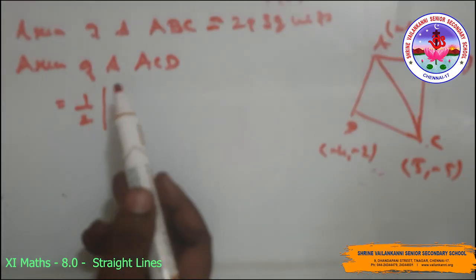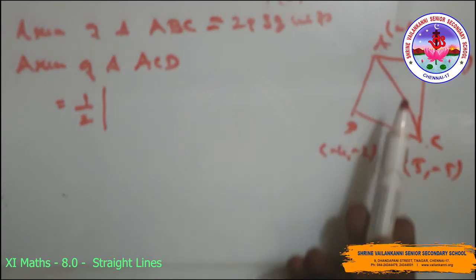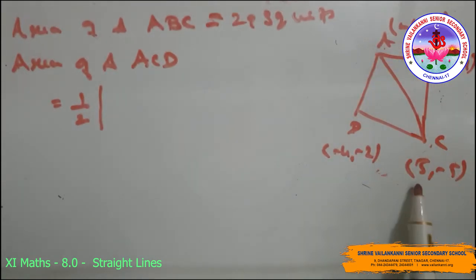Now we are going to find the area of triangle ACD. A is (-4, 5), which is (x1, y1). C is (5, -5), (x2, y2), and D is (-4, -2), (x3, y3).